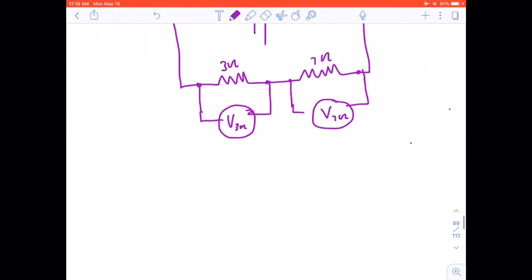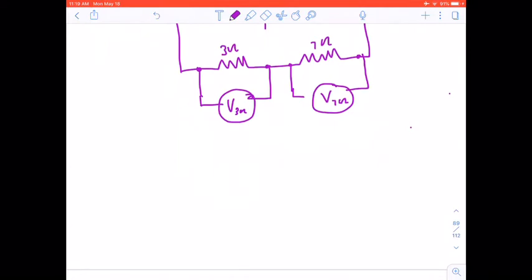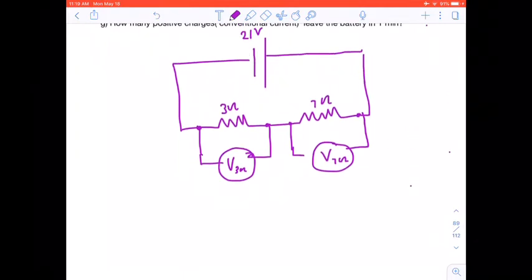Okay, now we say what is the total resistance, right? So let's call these maybe R1 and R2. If I had labeled them R1 and R2, then I could have said V1 and V2. Alright, but let's continue.